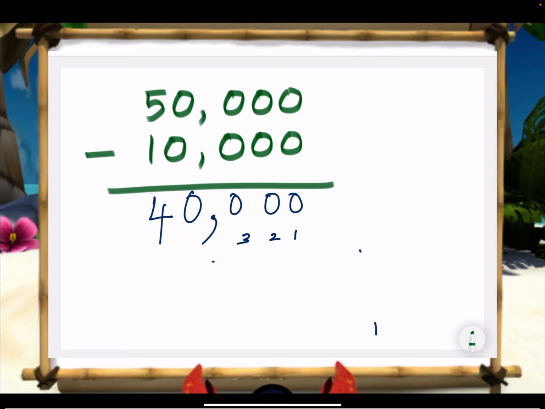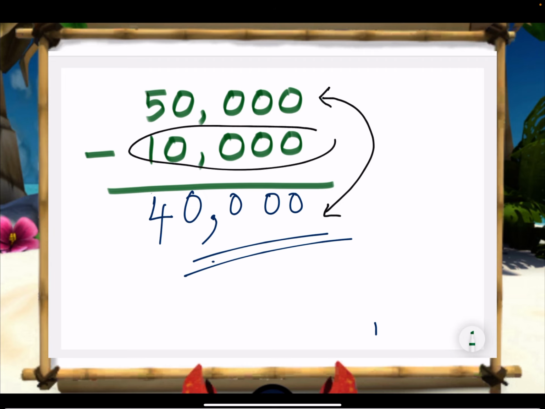The comma goes right there. So the answer is 40,000. So that means the difference between these two numbers, 50,000 and 40,000, is 10,000.